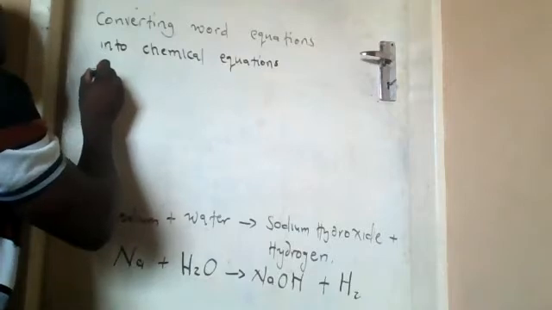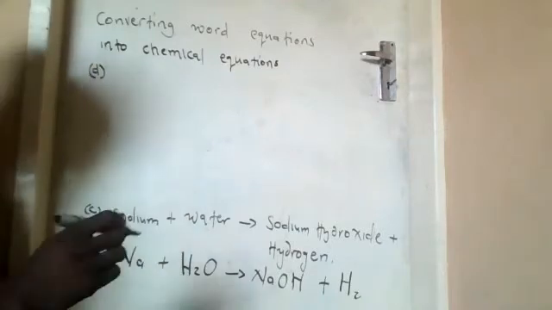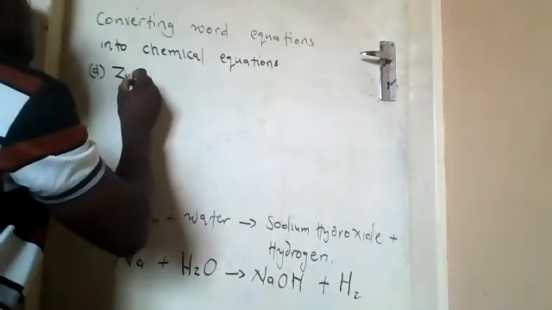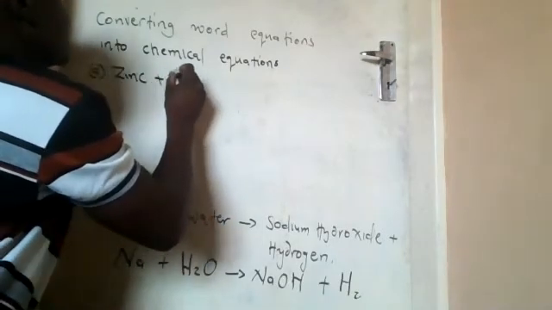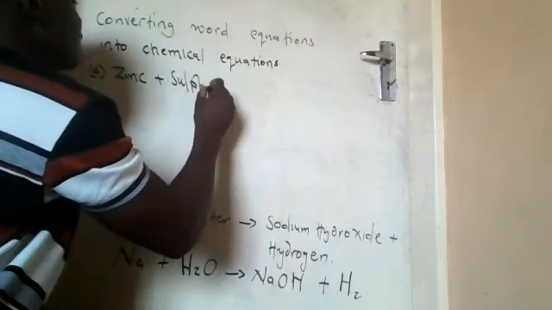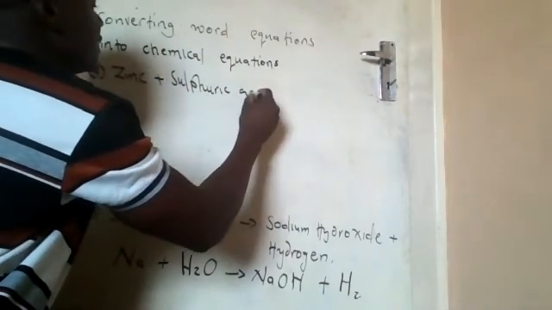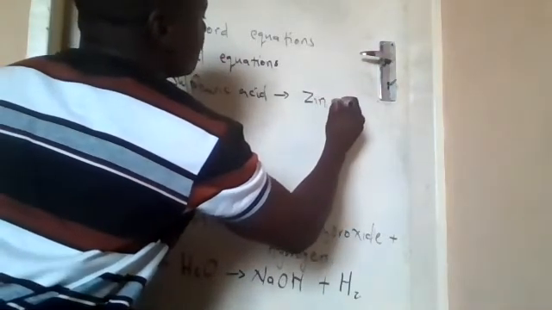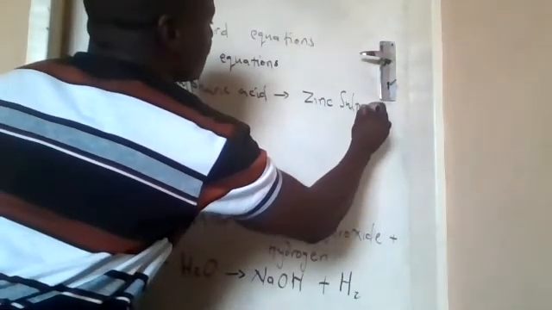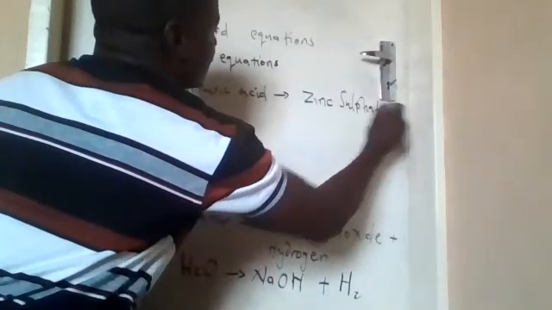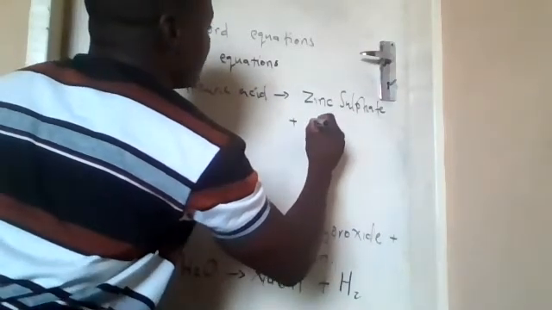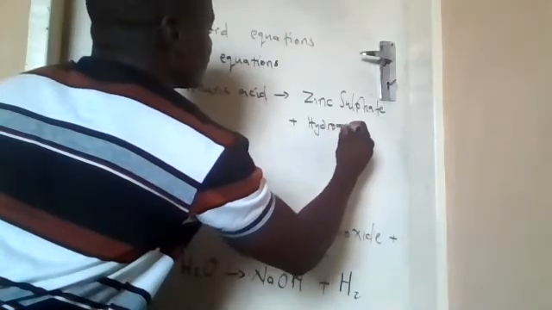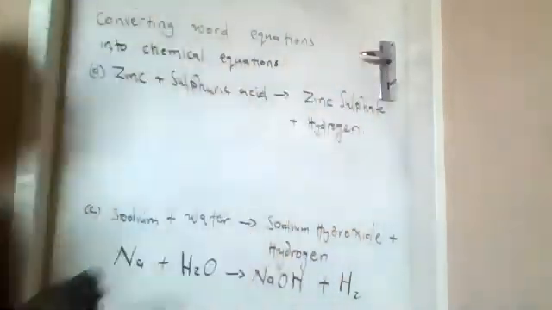The last one, according to the preparation that I've had, D, it's zinc plus sulfuric acid. So we have zinc plus sulfuric acid. Then what we are forming is zinc sulfate, and then plus hydrogen gas.